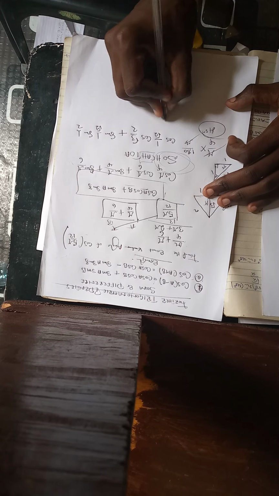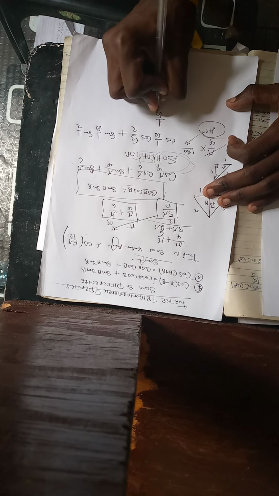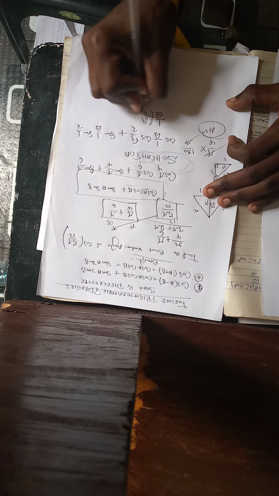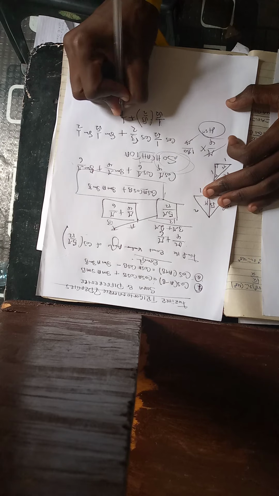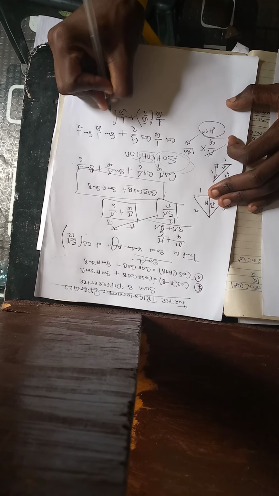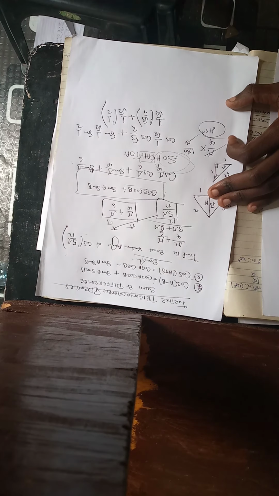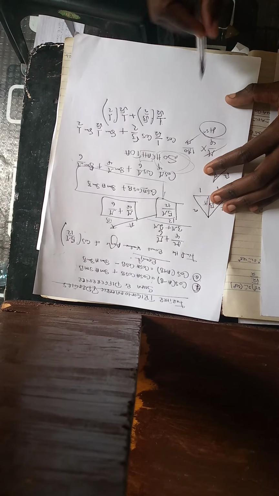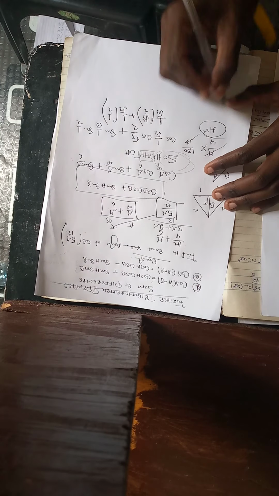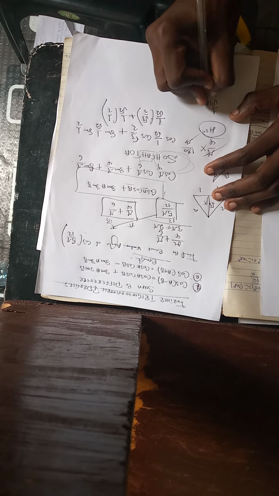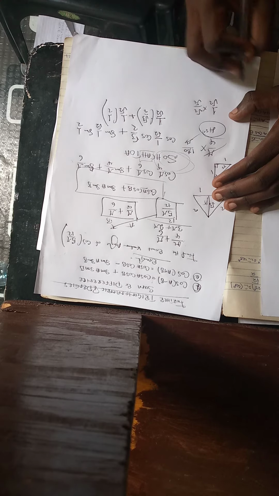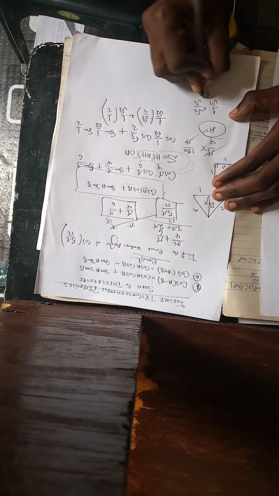Simply giving us this result: 1 over root of 2 multiplied by root of 3 over 2, plus 1 over root of 2 multiplied by 1 over 2. These are the results that we are given here. So what can we do? We can find the conjugate of one of these. The conjugate of 1 over root of 2 is root of 2 multiplied by root of 2. Root of 2 times 1 is equal to root of 2.